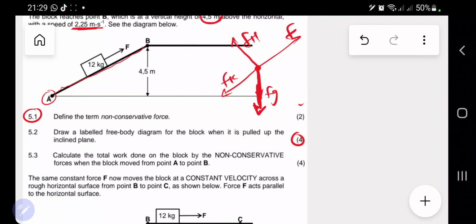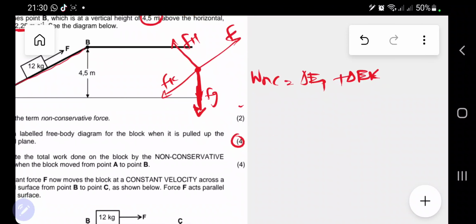So in other words, they're looking for the work done by the non-conservative forces, because this formula that says W_NC equals the change in your EP plus the change in your EK basically speaks about the net work done by the non-conservative forces.